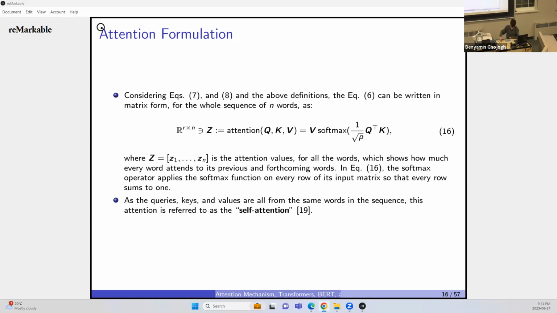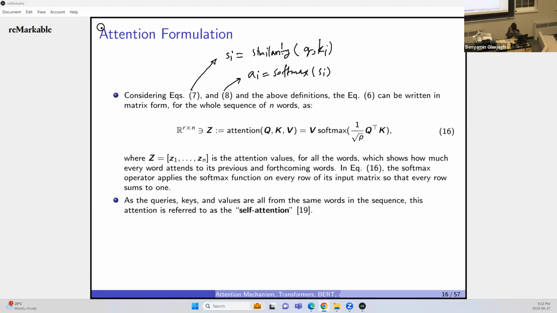Equation 7 was s_i equals the similarity of query q and k_i. Equation 8 was a_i equals softmax of s_i. Do you remember? Now let them be in matrix format.